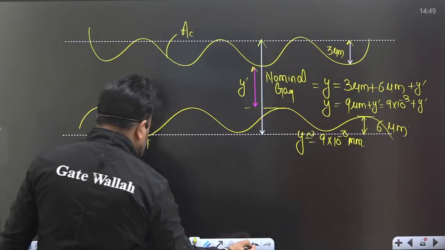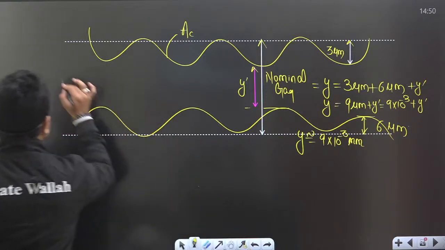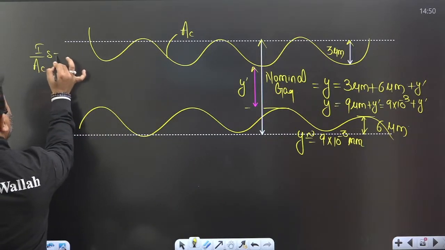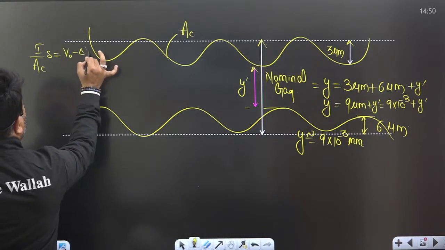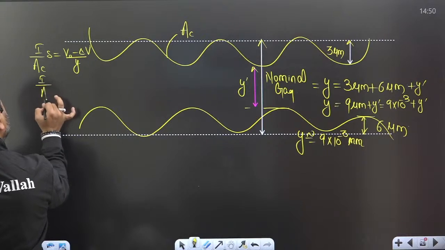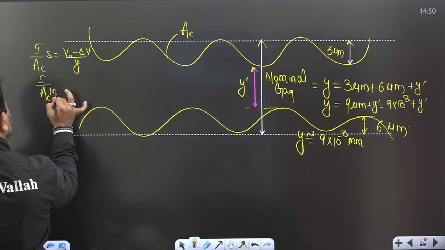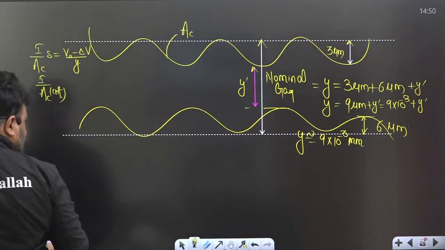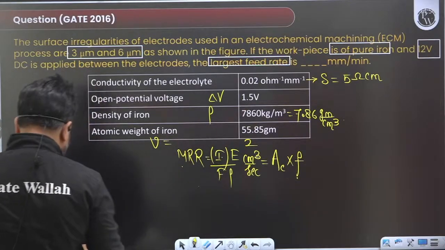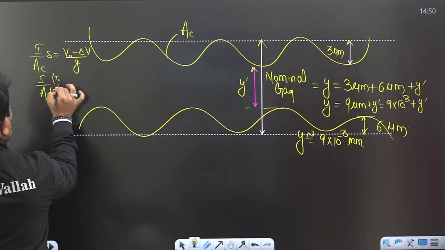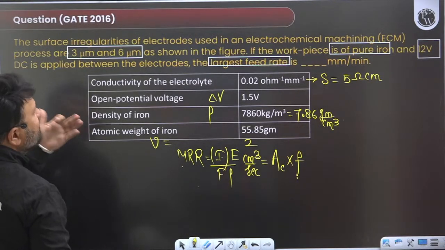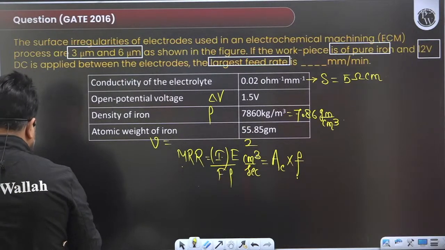So here the value of I divided by cross-sectional area is S into V naught minus delta V divided by Y. I am assuming the area is in centimeter square, and here the value of S is 5 ohm centimeter, V naught is 12 and delta V is 1.5.